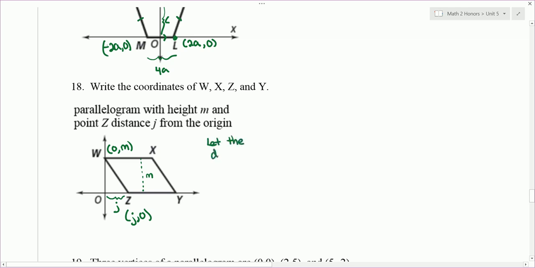Let the distance ZY equal k. So if I'm going to go k, then Y would be j plus k, comma 0. And opposite sides are congruent, so X would be 0 plus k, m. So we got to pick that distance. It didn't have to be k, it just had to be the same distance and you would have had it.